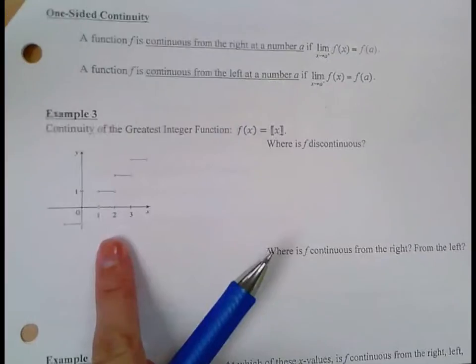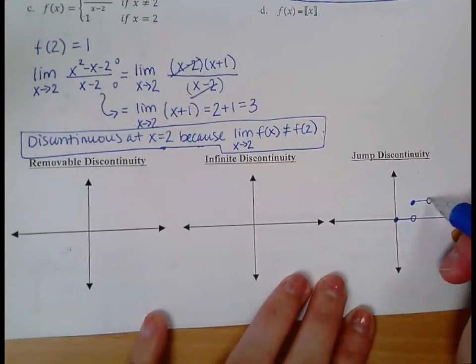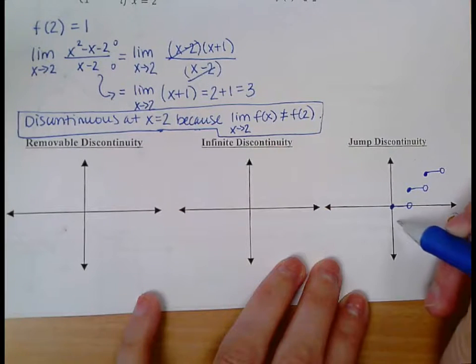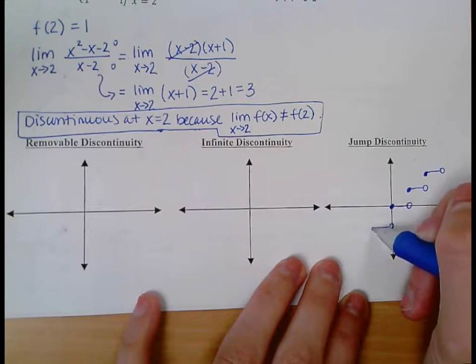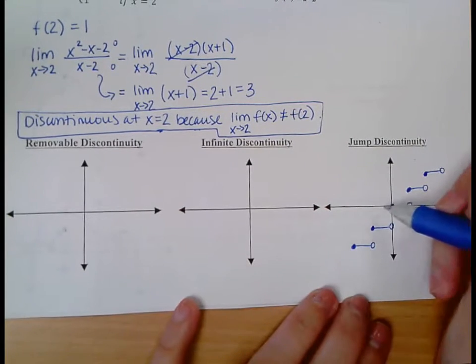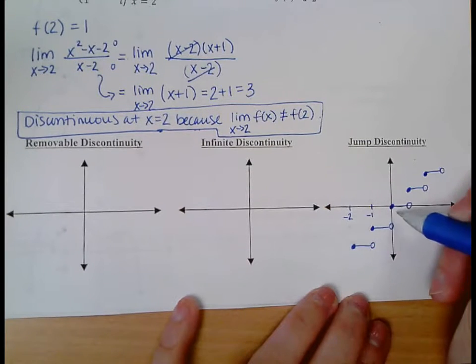Yeah, the graph is also under example 3, but I'm just going to draw a few steps of this function. And if I were to label some of the x values here.